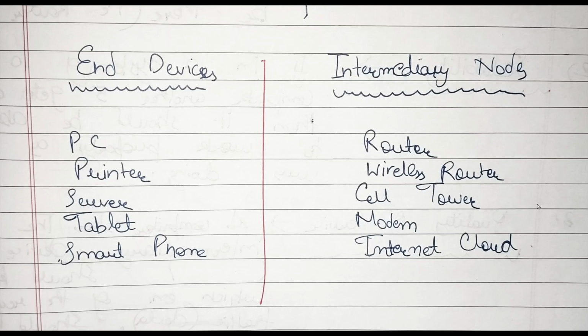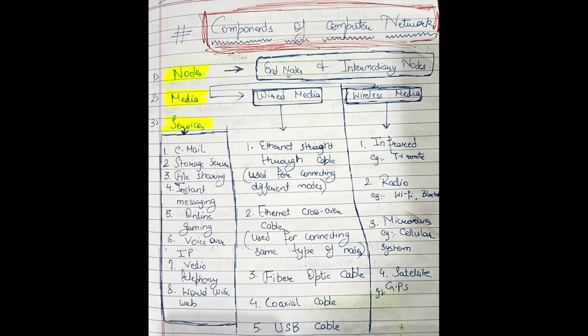You have a lot of devices in between. If you are sending a message on WhatsApp, there is a proper system in between you and your friend which makes that happen. That system consists of cell tower, router, wireless router, internet cloud, modem and stuff like that. So devices that help end devices communicate with each other are termed as intermediary nodes or devices. Okay, this was the first component, that is node.